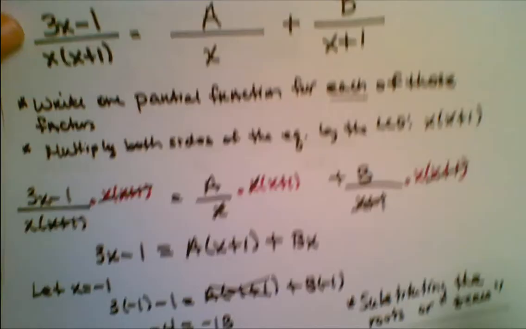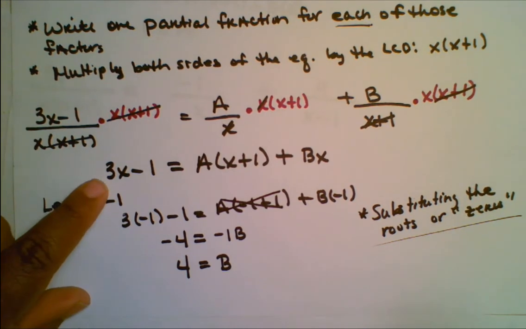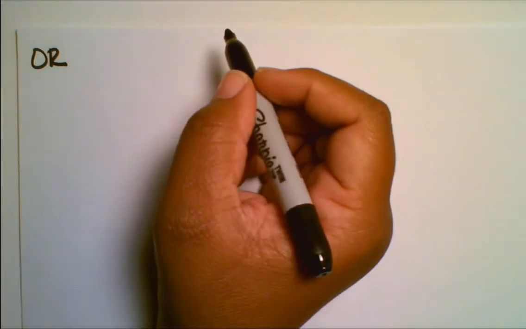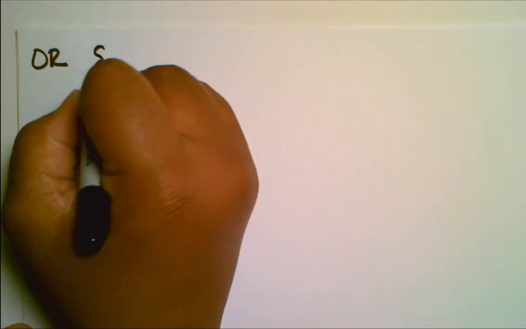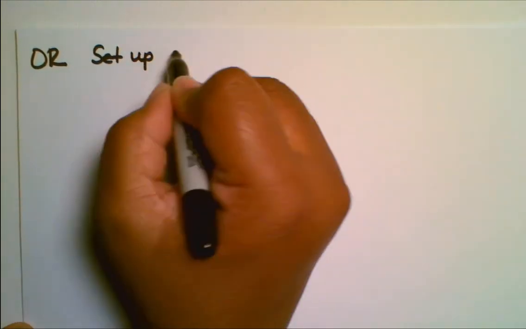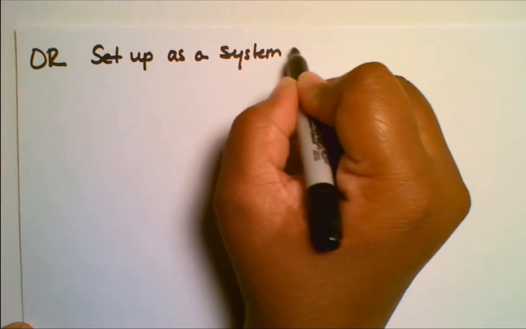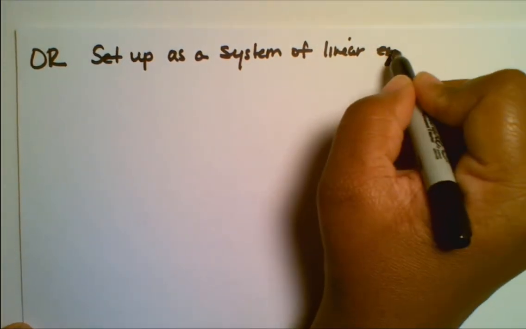So we're going to go back to this particular point here. How could I set this up as a linear equation? So let's go ahead and write that down. I'm going to put a big "or." We can set this up as a system of linear equations.